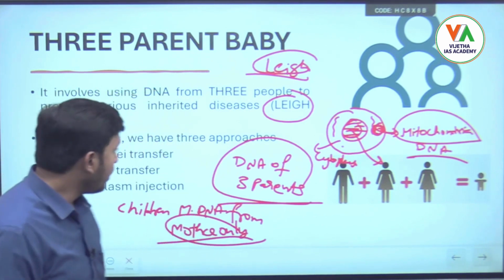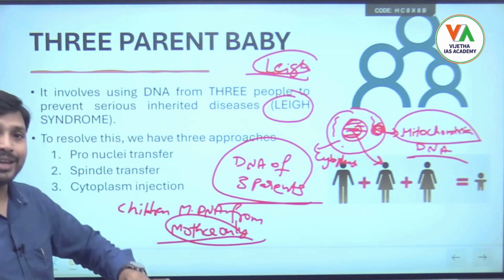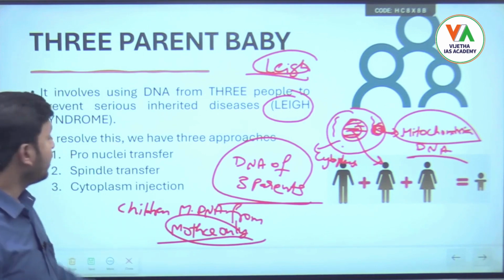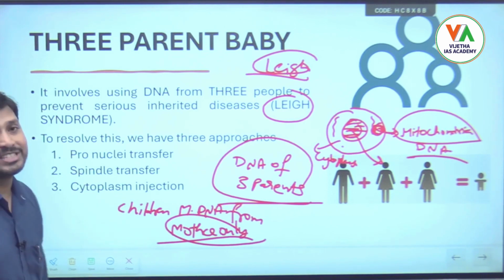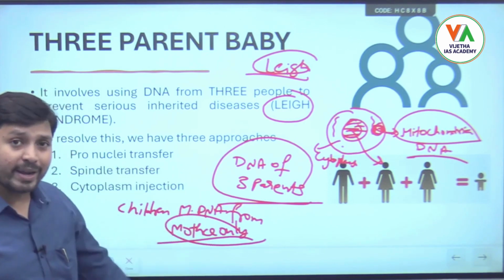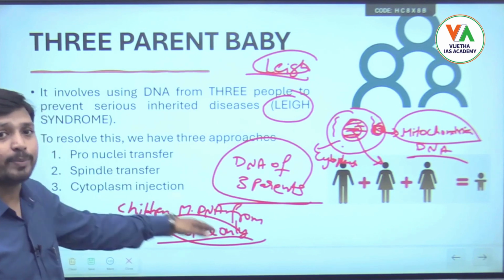Is it clear? There are three techniques with respect to this: pronuclear transfer, spindle transfer, and cytoplasm injection.